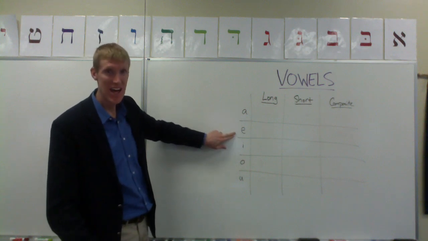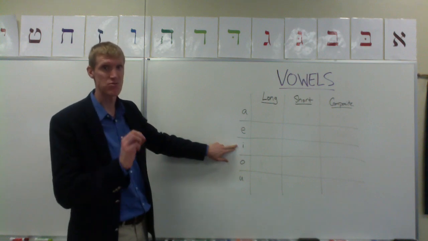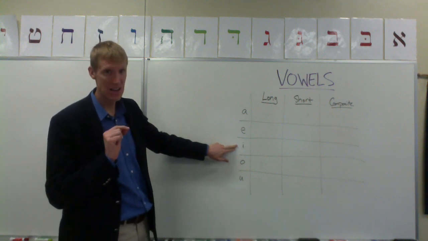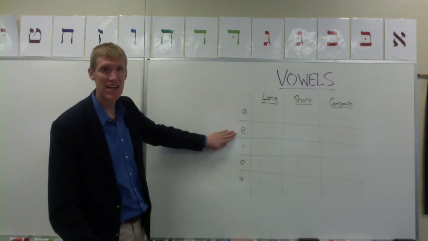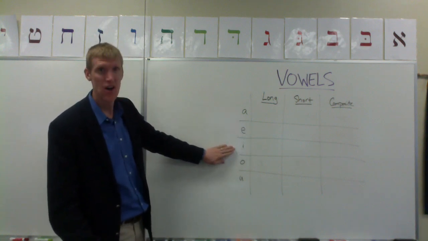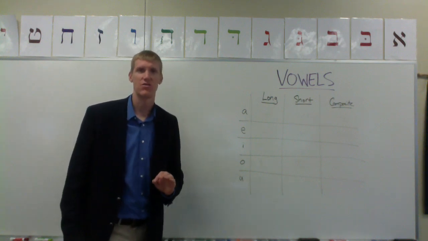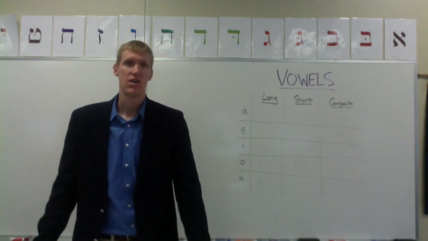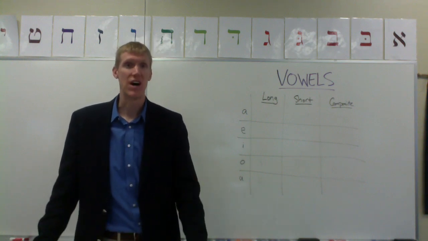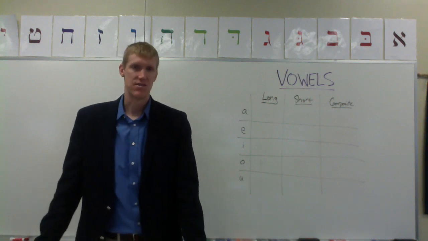Then the sound is E, but it's represented by the English letter I. Ah, A, E, O, U. Those 5 sounds are the only sounds made by Hebrew vowels.